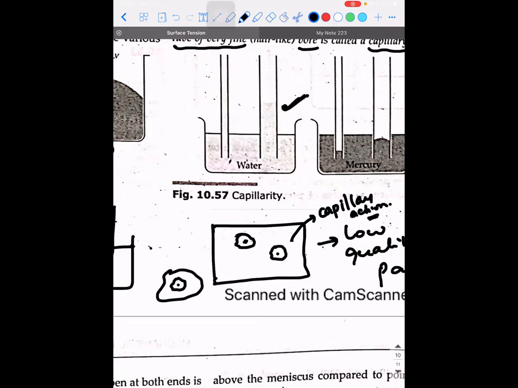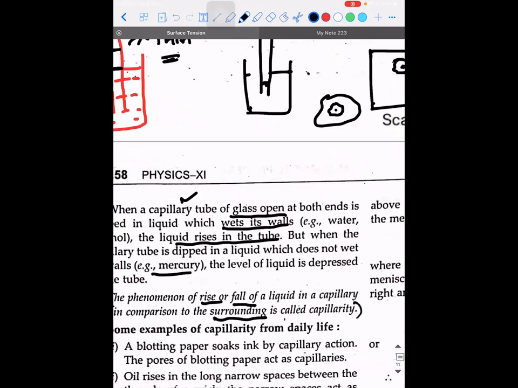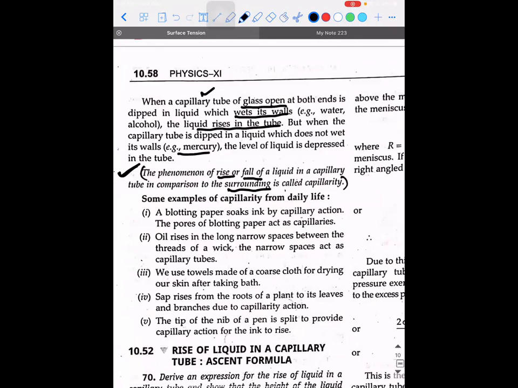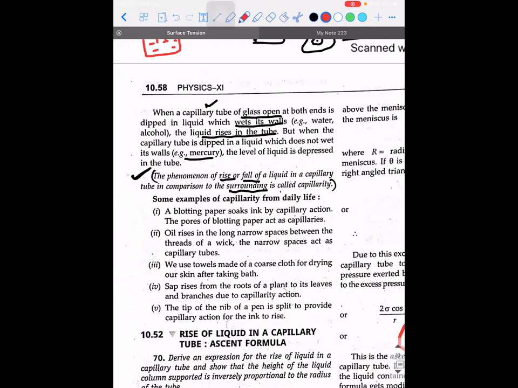It will actually start slightly spreading depending on the material of the cloth. Similarly, the other examples that are given here is, see, one I explained already. Blotting paper soaks ink by capillary action. The pores of the blotting paper act as capillaries. Capillaries are those tubes.